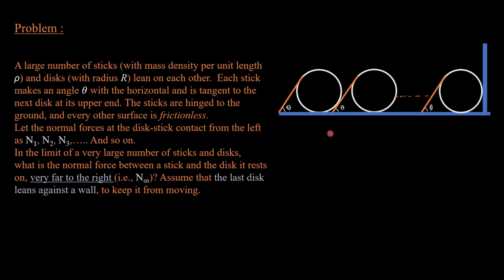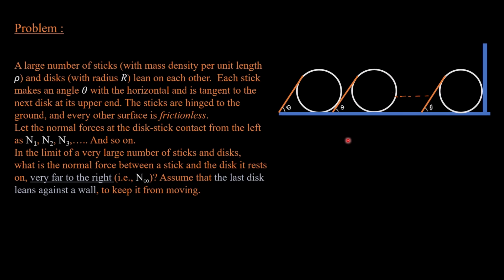Also, as you can see in the picture, the sticks are hinged to the ground, and all the surfaces are frictionless. Now, let the normal forces at the disc-stick contact from the left be N1, N2 and N3 and so on.